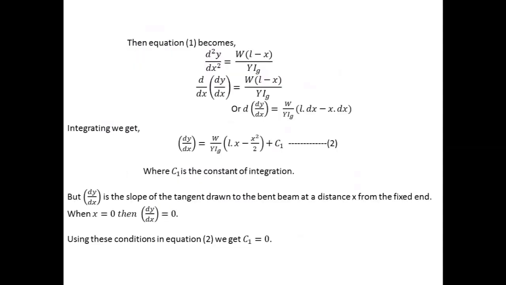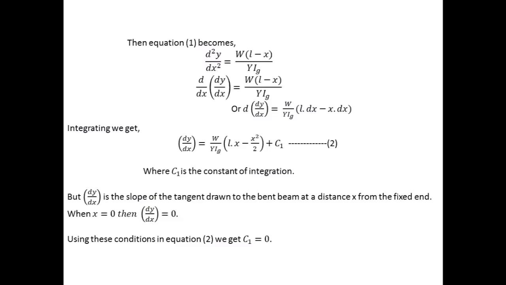Hence, equation 1 takes the form d square y by dx square is equal to W into L minus x upon Y Ig. Now, d square y by dx square can be written as d by dx of dy by dx, equal to W into L minus x upon Y Ig. This is further written as d of dy by dx is equal to W by Y Ig into L minus x into dx, so the product is written as L dx minus x dx.